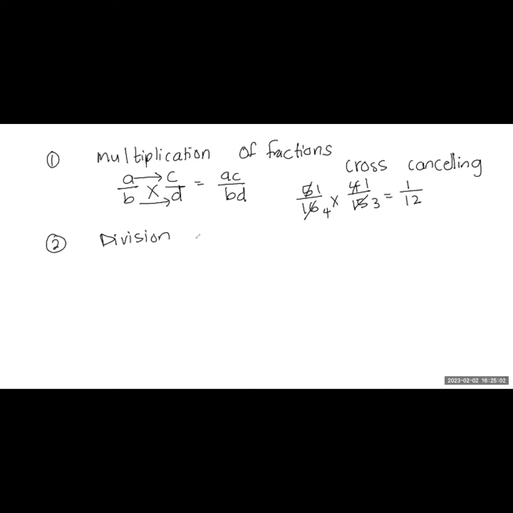The second one is division. For division of fractions, A over B divided by C over D, this is what we call KFC, isn't it? K is for keep. We're keeping the first fraction.